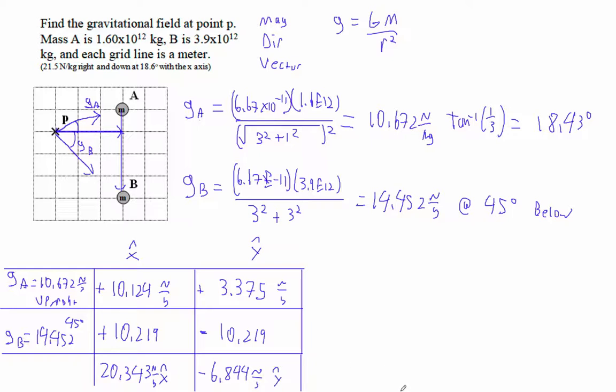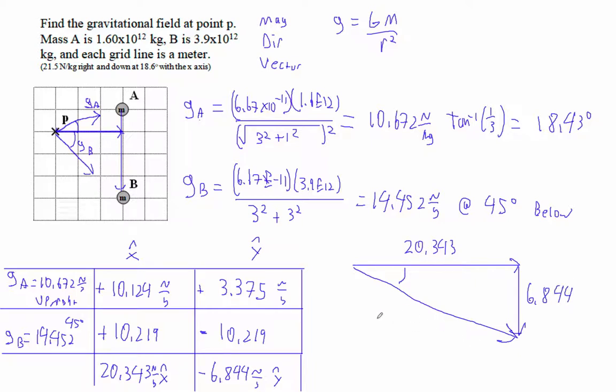All right, so now we got to draw a picture of this guy, right? So it's like over and down, and then this. Okay, so this is 20.343. This is 6.844.